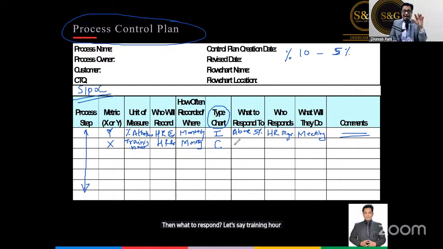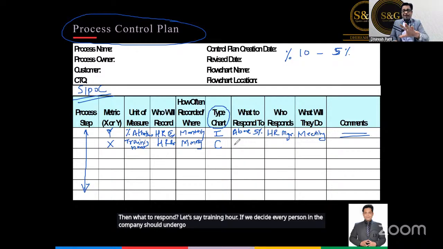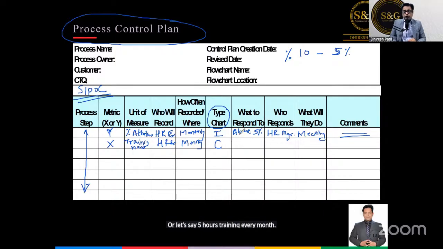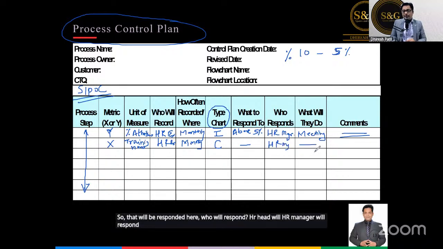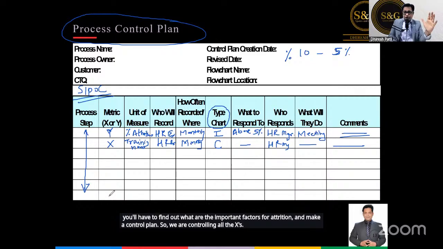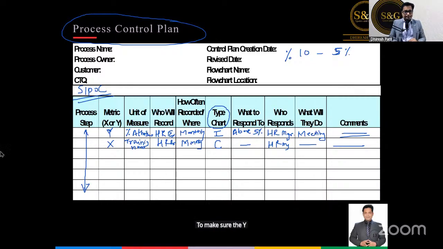If we decide every person in the company should undergo at least 5 hours of training every month, and somebody goes less than that, that will be responded to here. Who will respond? The HR head, the HR manager will respond. Again, they will call for the meeting and the comments. So same, you'll have to find out what are the important factors for attrition and make a control plan. So we are controlling all the X's to make sure the Y does not change.